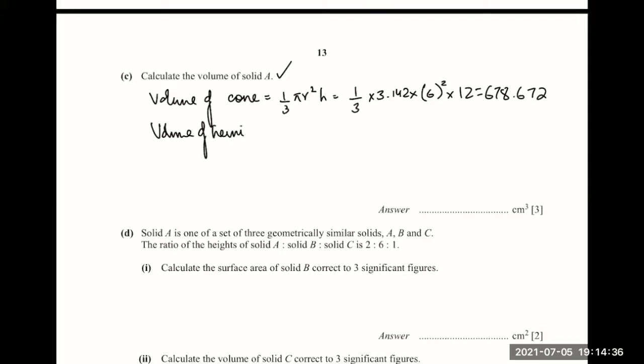Volume of hemisphere. The full volume is 4/3 pi r cube, so I'm going to say half of 4/3 into 3.142 into 6 cube.